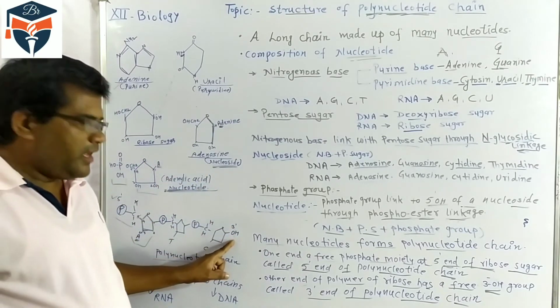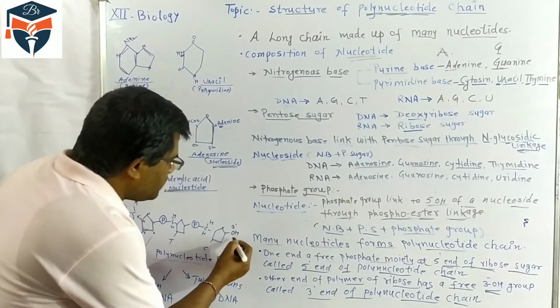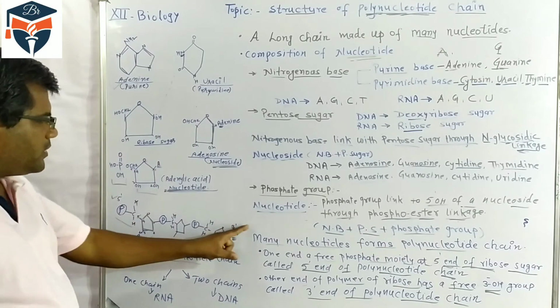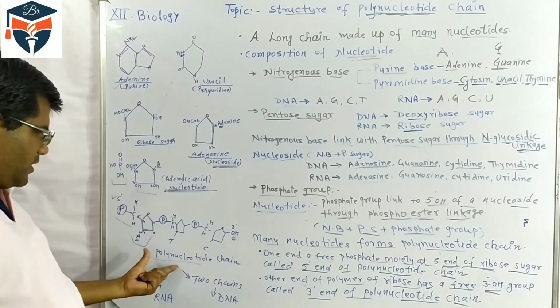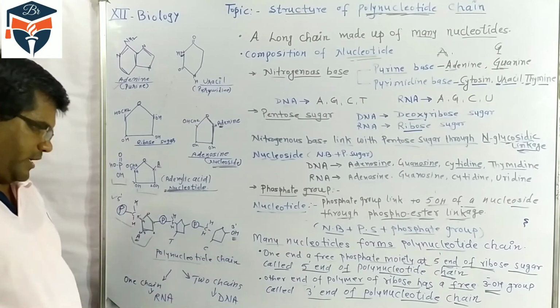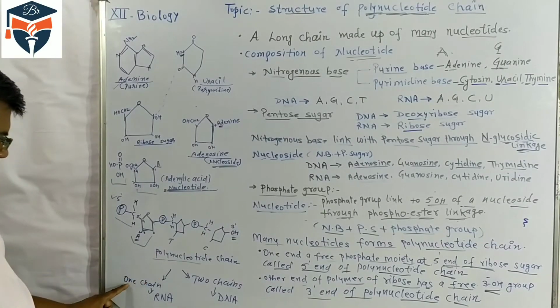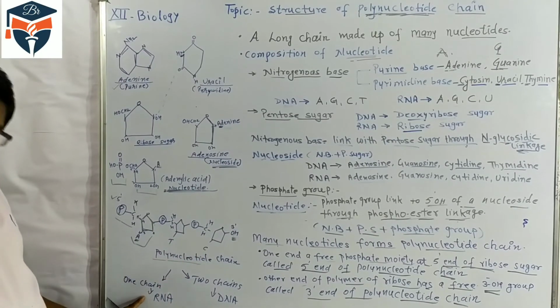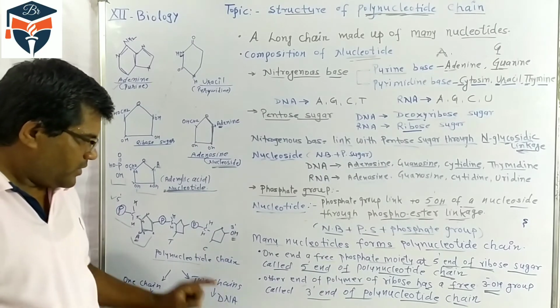The other end is a free end, and at this third position there is the OH group, and this is called the 3rd end. So the 5th end and 3rd end are the two ends of the polynucleotide chain. Now, as I told you, a single polynucleotide chain occurs in RNA and two polynucleotide chains occur in DNA.